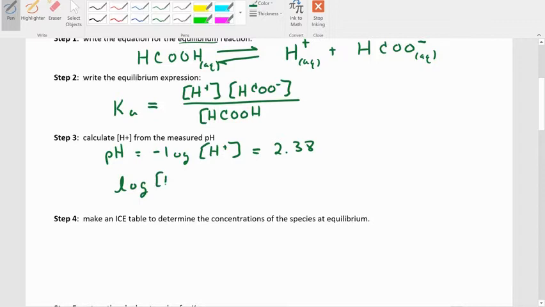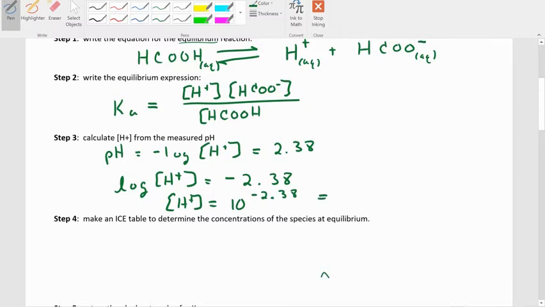The log of the concentration of H plus is equal to negative 2.38. And so in order to get the concentration of H plus, we're going to take 10 to the x. And so we're going to get 10 to the negative 2.38.